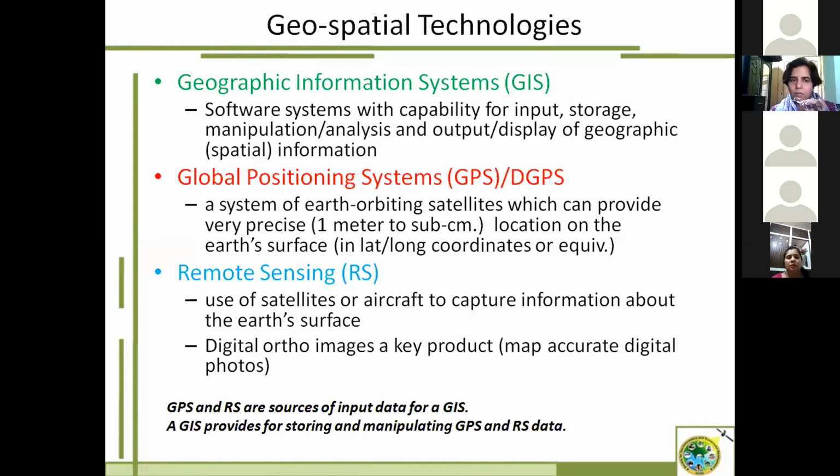So GPS and remote sensing are the sources of input data for a GIS, and GIS provides for storing and manipulating that GPS and remote sensing data. These are basic examples.